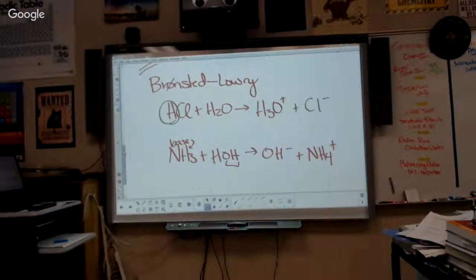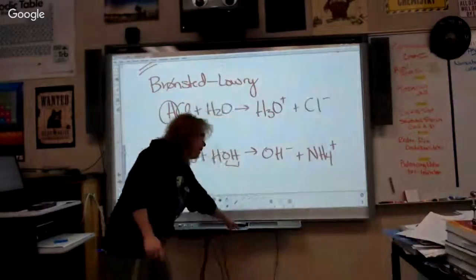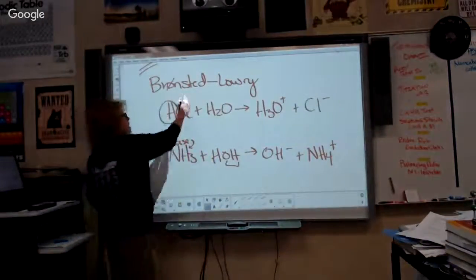So when they defined it as a proton donor or a proton receiver, they're actually taking Arrhenius' definition, bending it a little bit and making it more generic. Instead of saying you're giving hydrogen or hydroxide, you're giving a hydrogen or receiving a hydrogen. So let's write that down. We've got it up here, and then we'll analyze this.